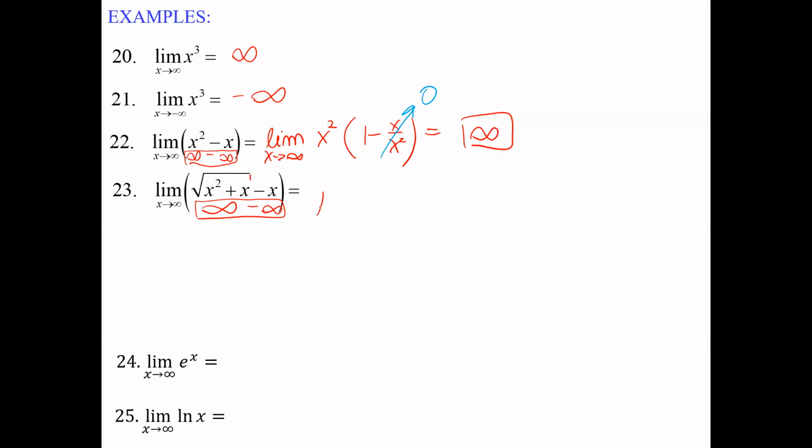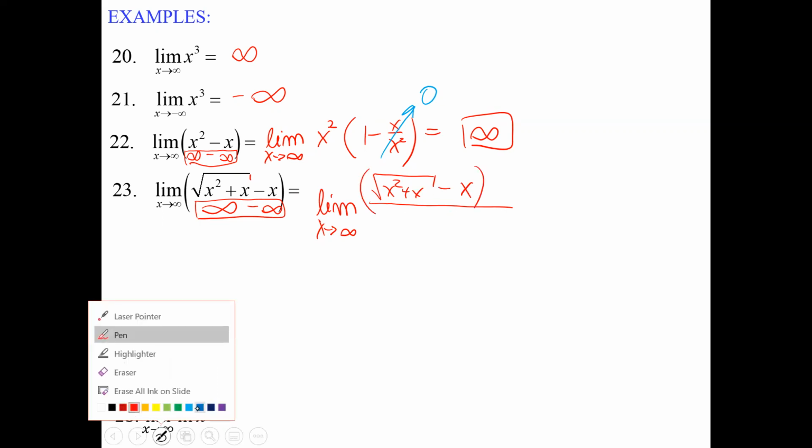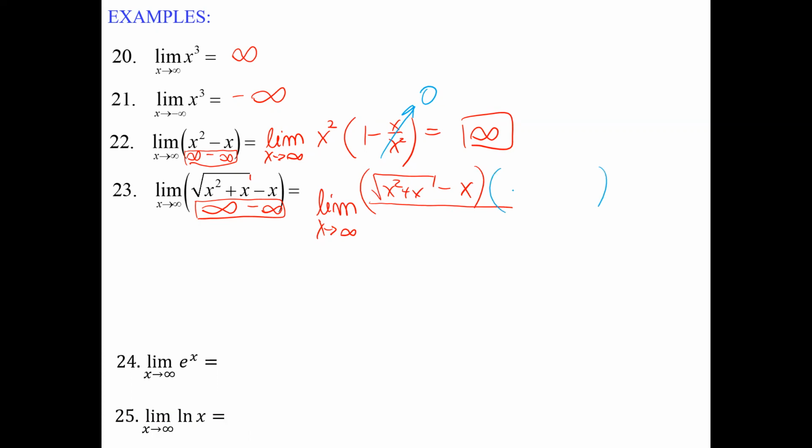And that's what I will do. I will copy this square root of x squared plus x minus x like this, and I will multiply and divide by the conjugate expression, square root of x squared plus x plus x, because that's the sign that we change.